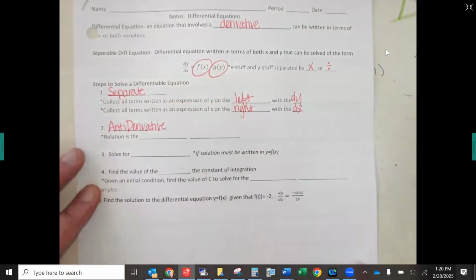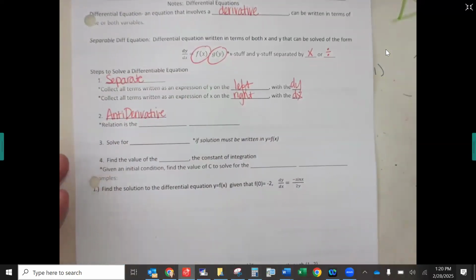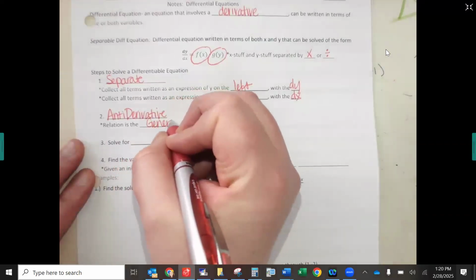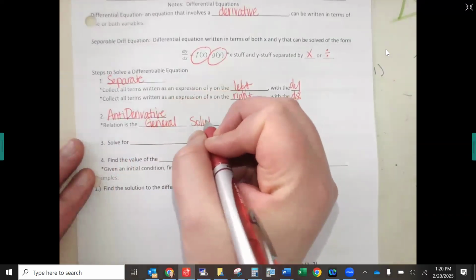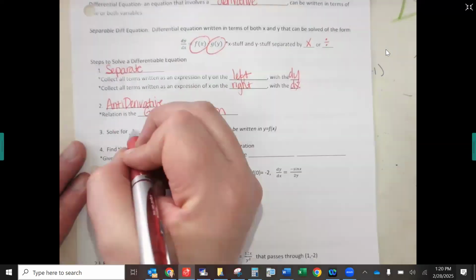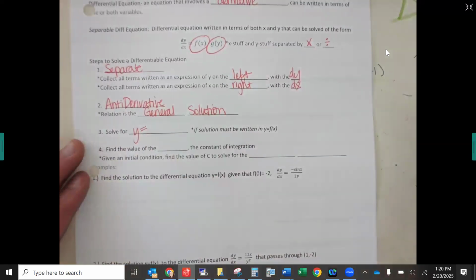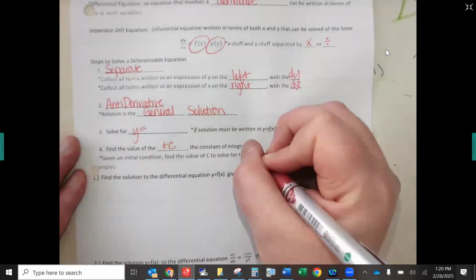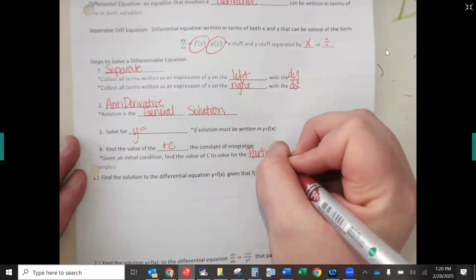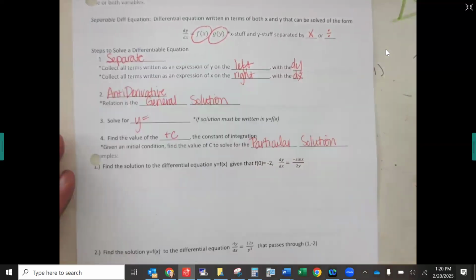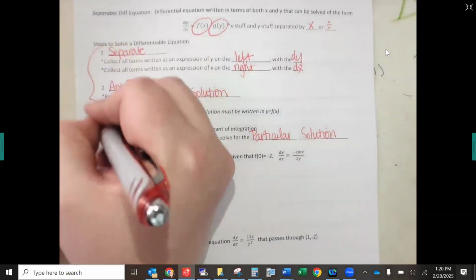An antiderivative and an integral are the same thing, so if I say integral, that's the same. That is going to give you your general solution. Now, from here, you're going to solve for y equals. And then you're going to find the value of your plus c, which would make it your particular solution. So those are your steps.